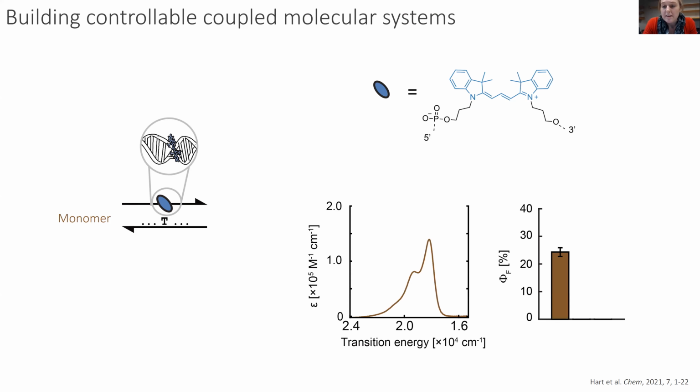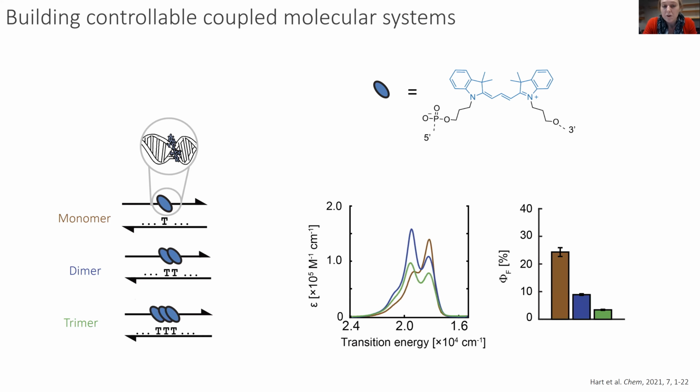Cy3 exhibits a nice visible range absorption feature along with some vibronic transition and a relatively high quantum yield. When we scaffold multiple cyanine chromophores into the DNA scaffold, such as generating a dimer or a trimer structure, we generate signatures of subradiant aggregation, or H-type aggregation, which we can quantify through the emergence of a blue shifted band in our spectrum, as well as a decrease in the quantum yield.